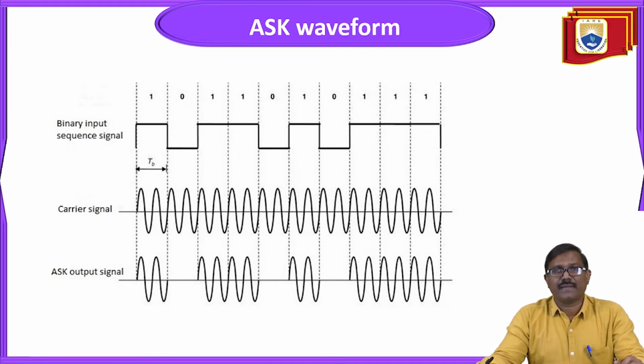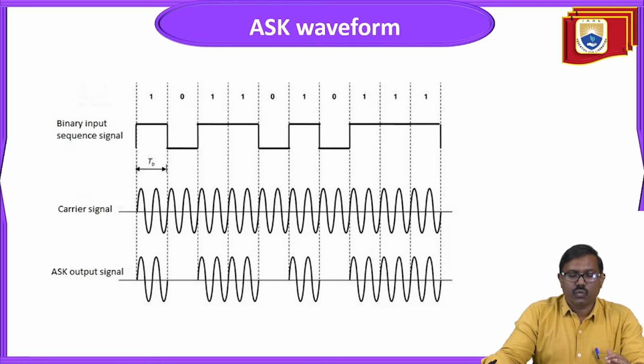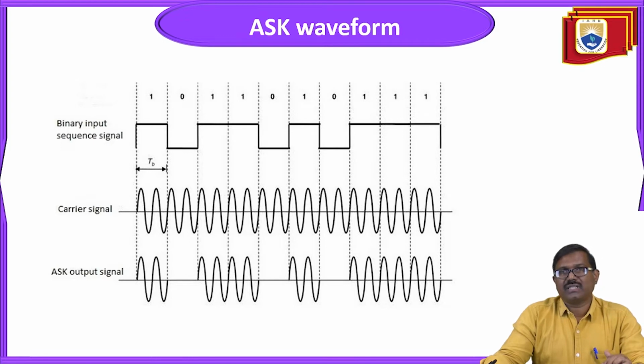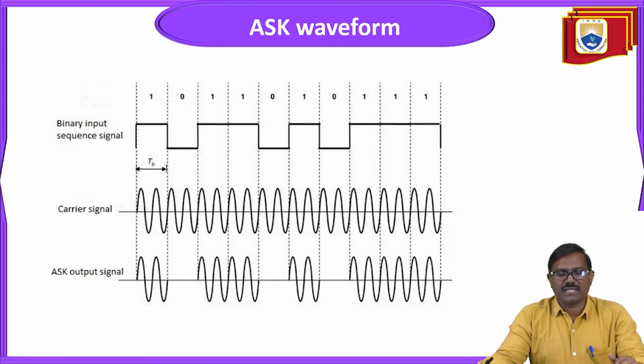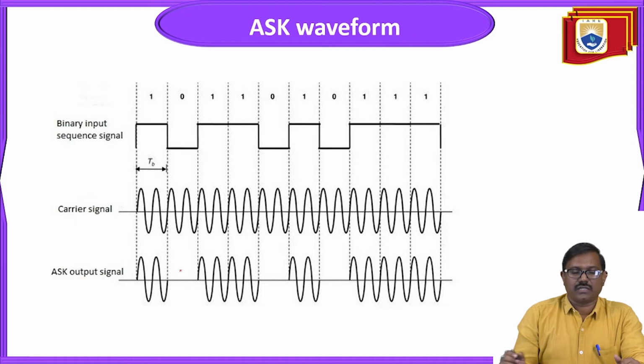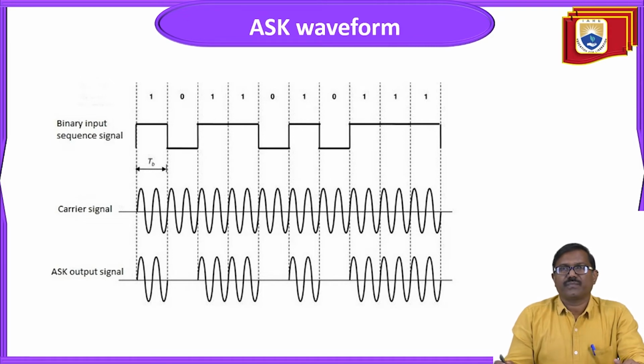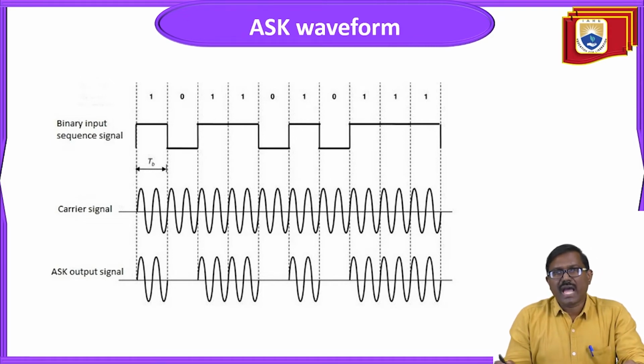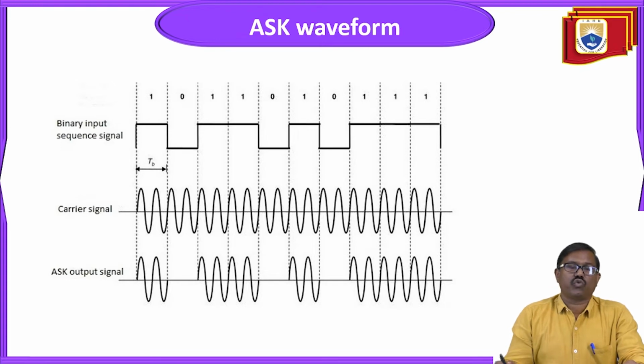In ASK, you can see that where 1 is present, the signal is present. At 0, it is absent. That is amplitude shift keying. Another name is on-off switching also.